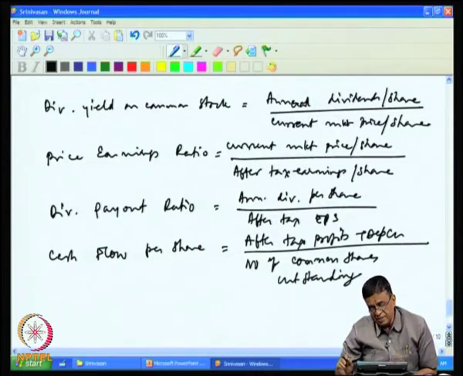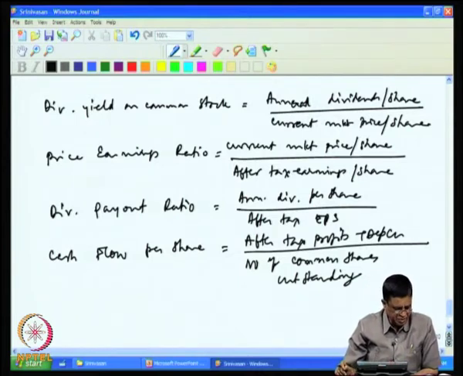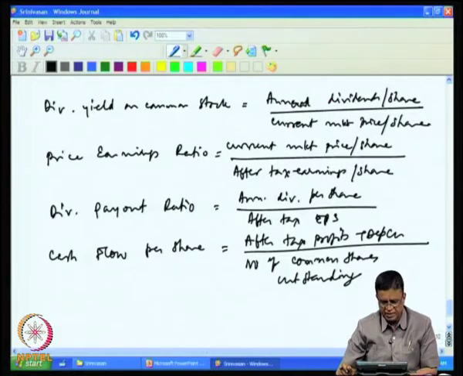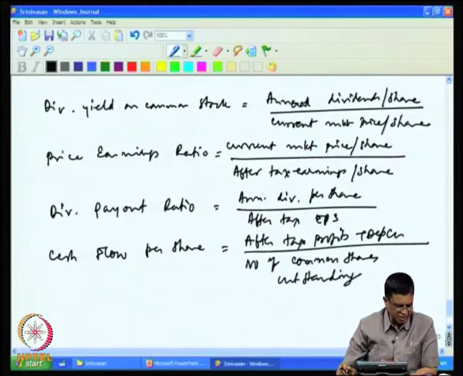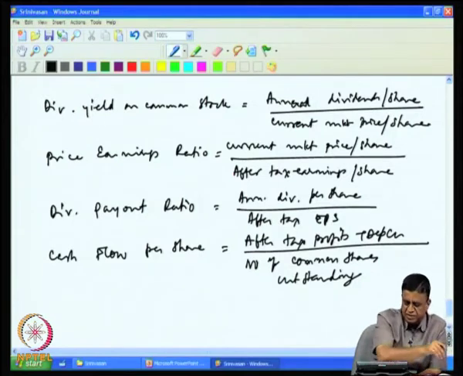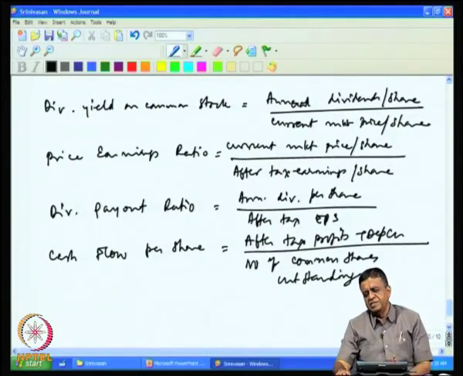So, what does this tell you? It gives you a measure of the discretionary funds over and above expenses available to the firm. In other words, this ratio tells you how much money you can command through reserves.